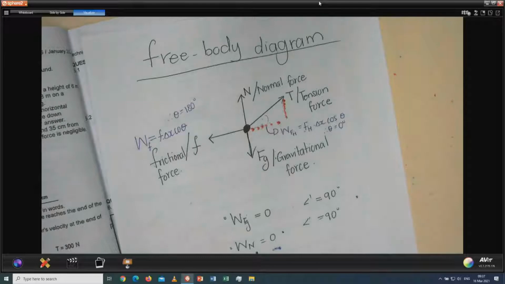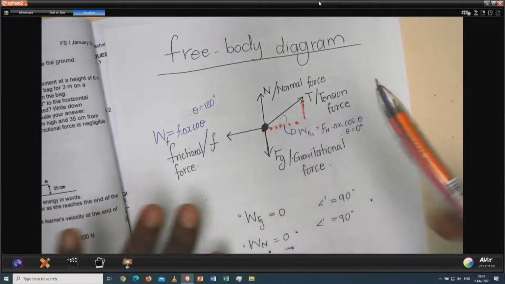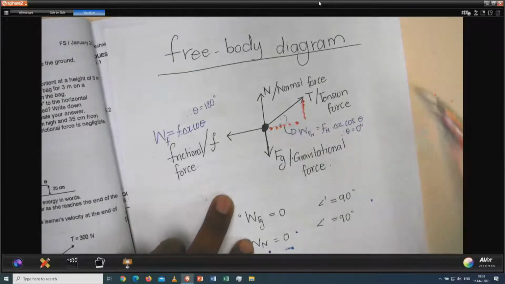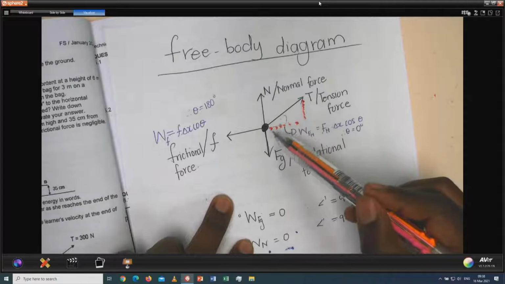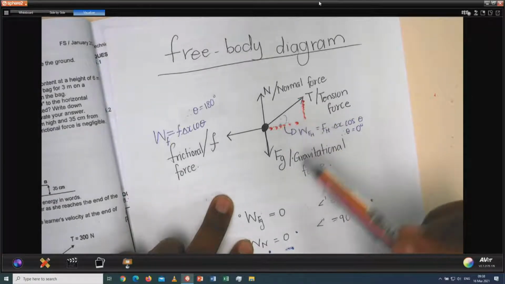This is your interpretation. Now, just remember this. I'm using this one to explain. When you are drawing a free body diagram, you are not allowed to show the force and its component in one diagram.